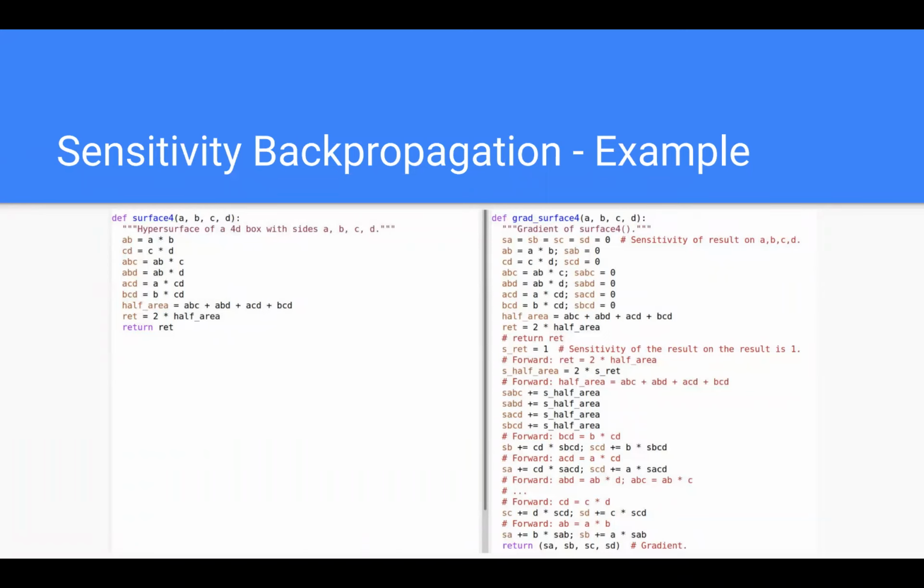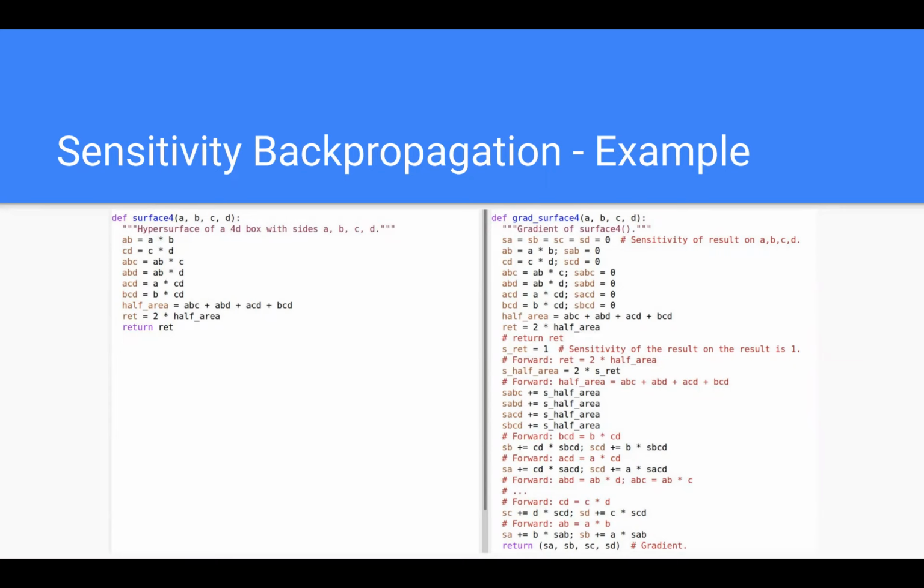And we also have to do it for the other factor. So likewise, the sensitivity of the end result on CD is the sensitivity of the end result on BCD scaled up by the factor B. This is how the product rule enters in this reverse mode automatic differentiation scheme.